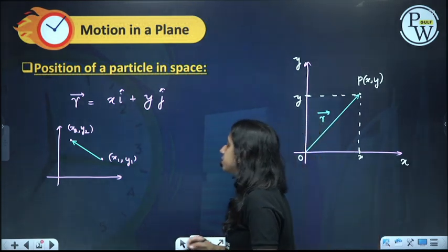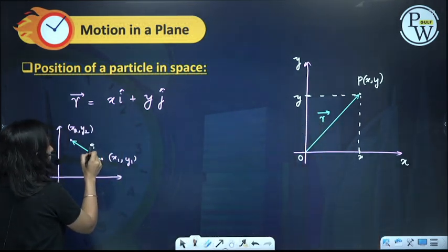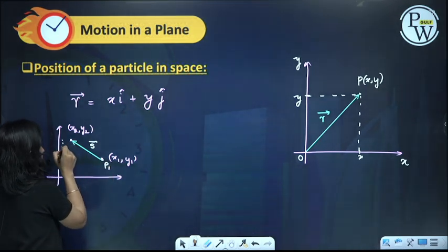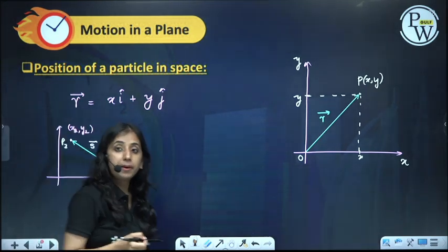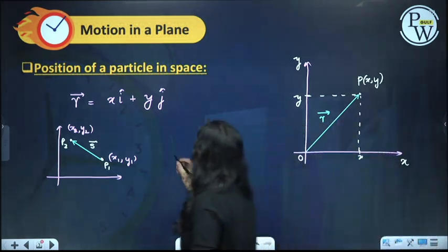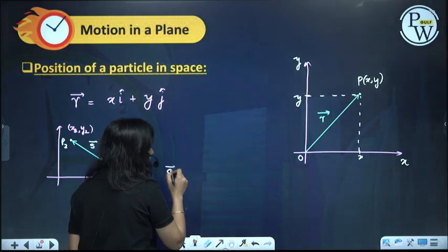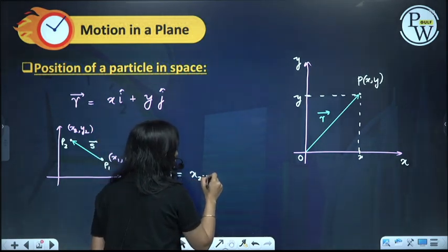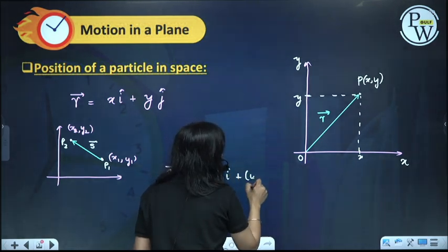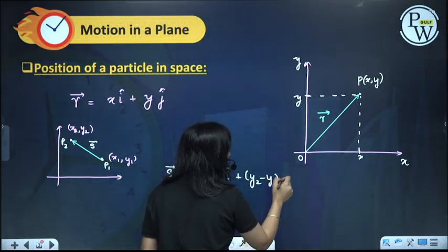This is my displacement. The particle displaced from position p1 to position p2. Then what will be my displacement vector? Initial position to final position. So I can write my displacement vector as (x2 minus x1) i cap plus (y2 minus y1) j cap.